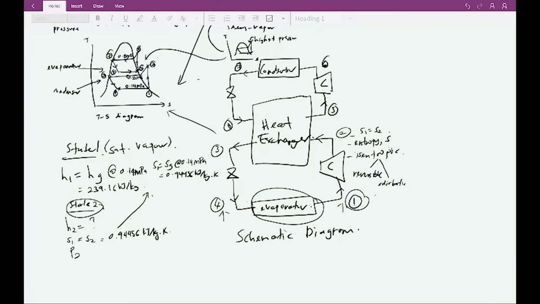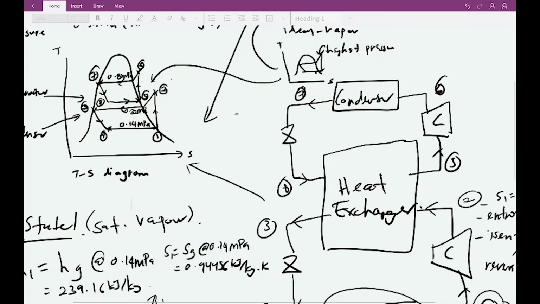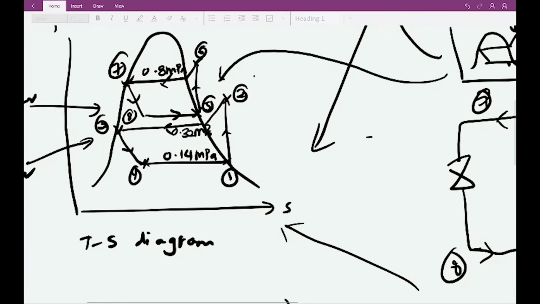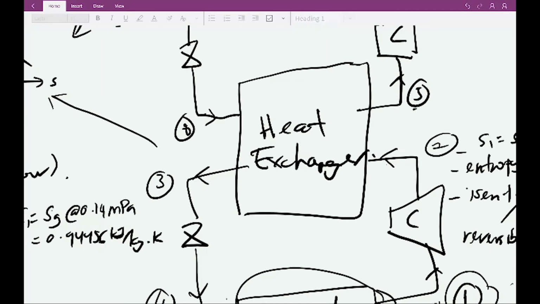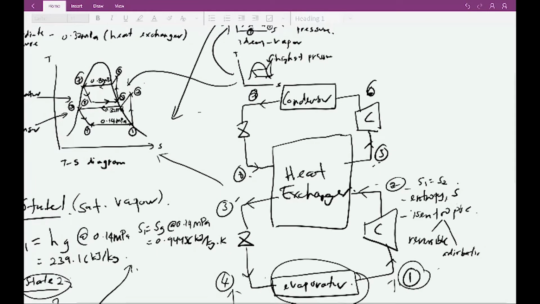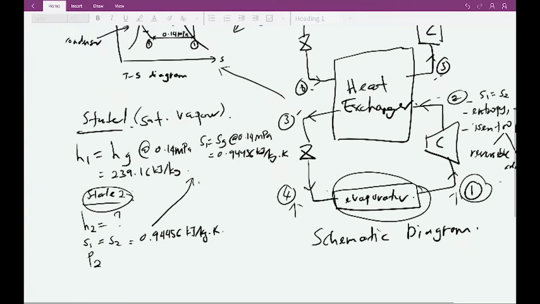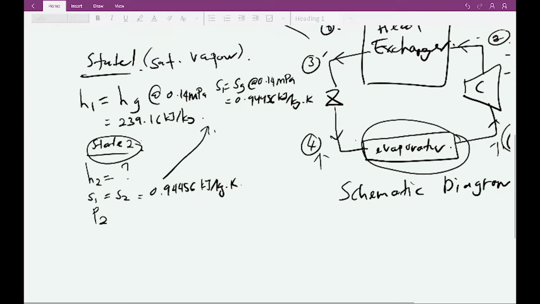What is P2? States 2, 5, 8, and also 3 all operate at the same pressure, which is the intermediate pressure, and the intermediate pressure operates inside the heat exchanger.